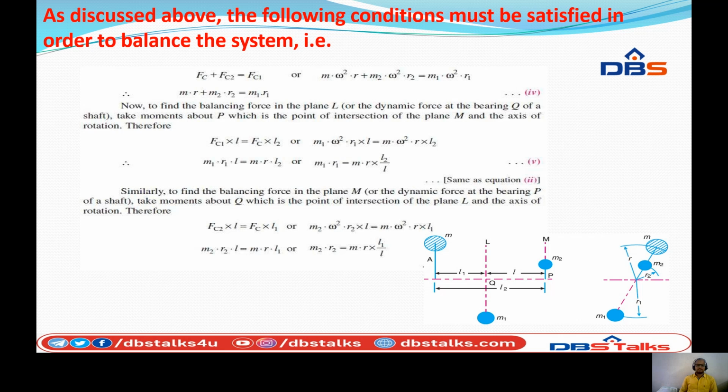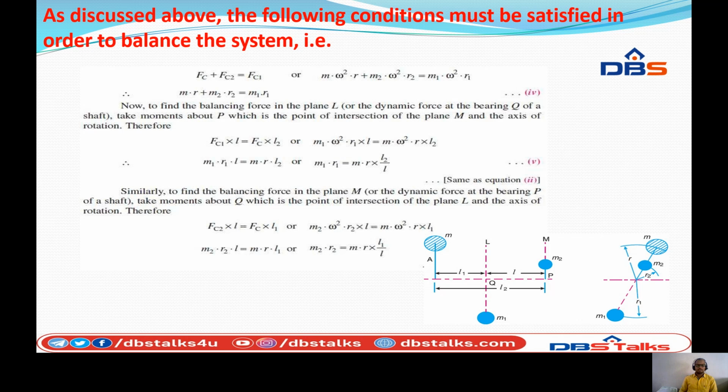Similarly, to find the balancing force in the plane M, or the balance dynamic force at the bearing P of the shaft, take moments about Q, which is the point of intersection of the plane L and the axis of rotation.